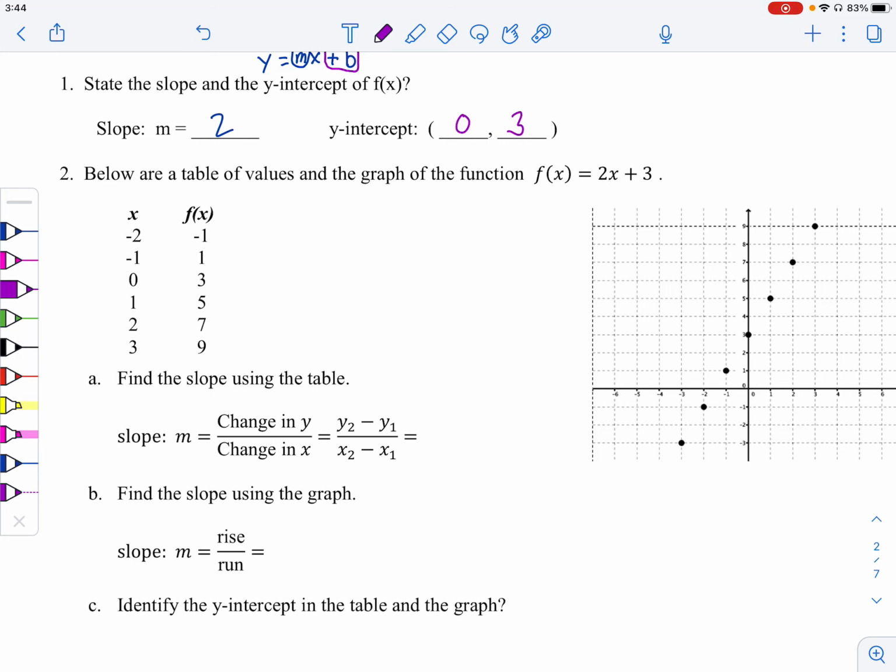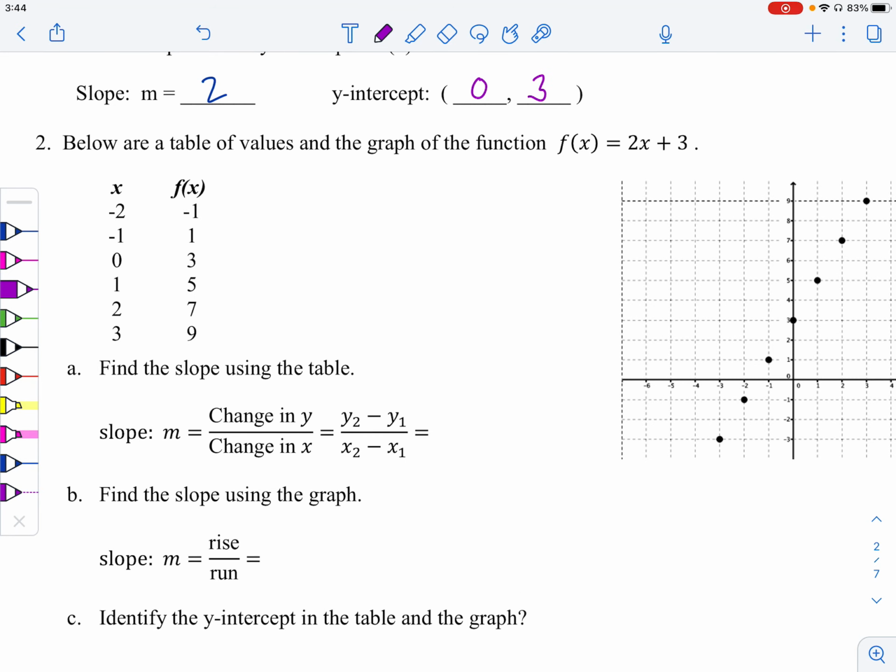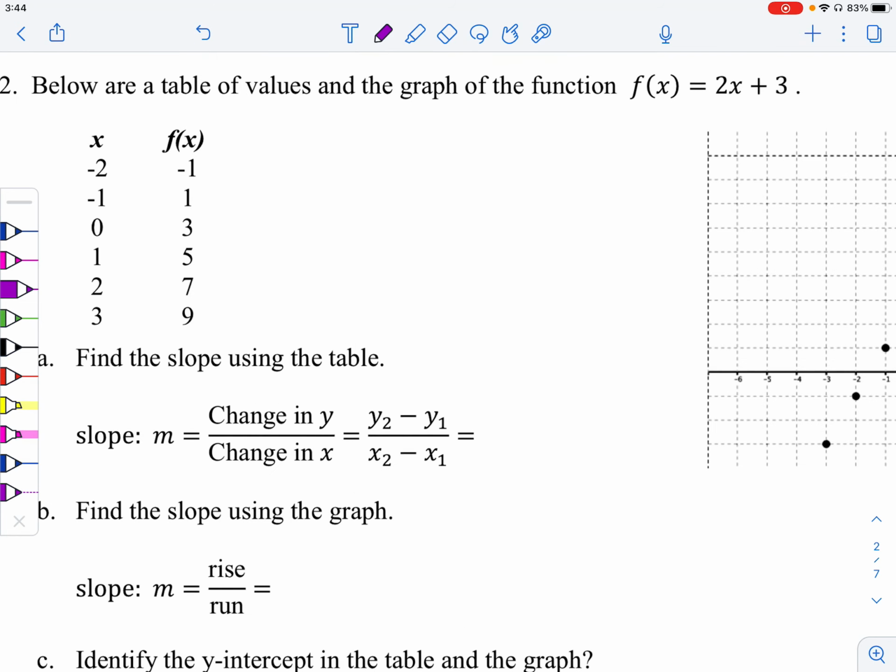Okay, and same, so we label table values and a graph of the function. Find the slope using the table. Again, we did this previously. Given 2 points, we can use any points. Let's use 0, 3 and 1, 5. So we got x1, y1, x2, y2.